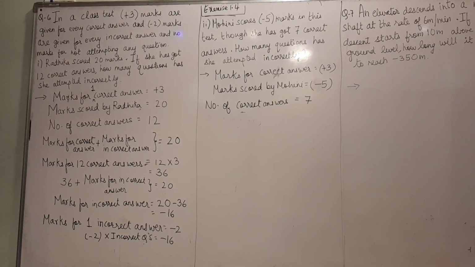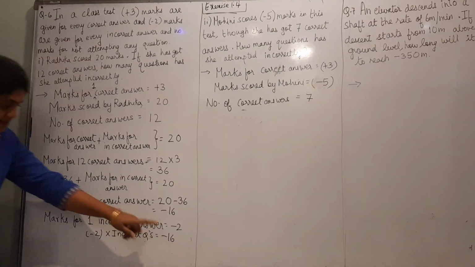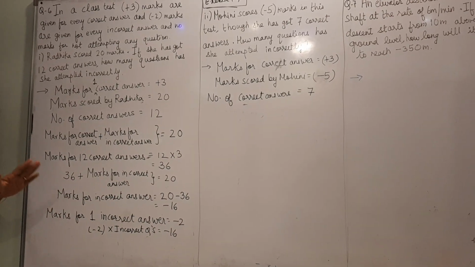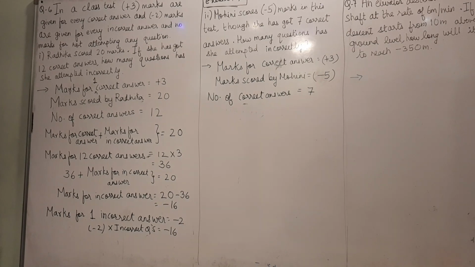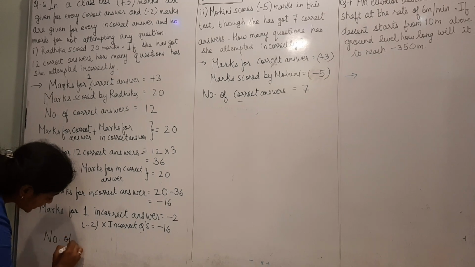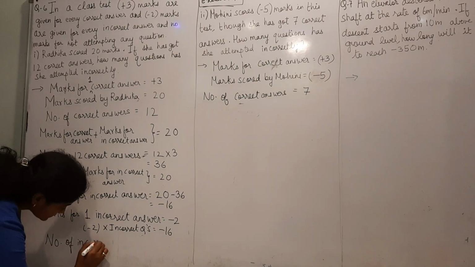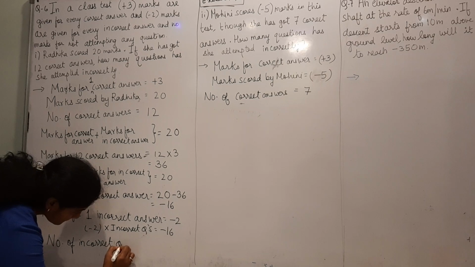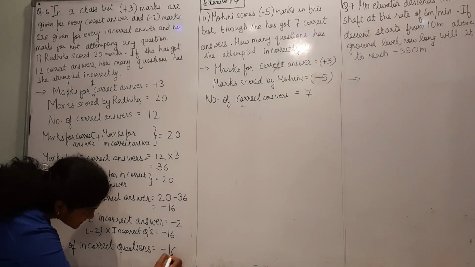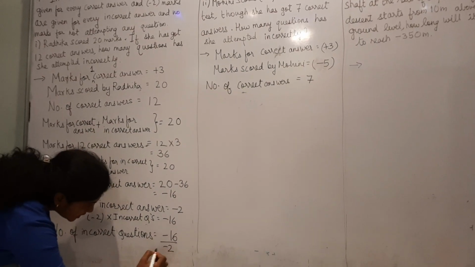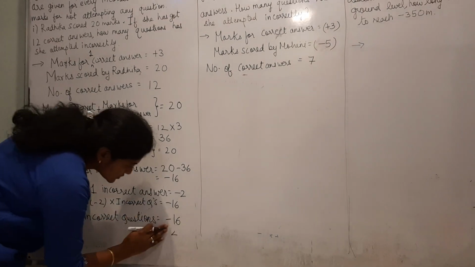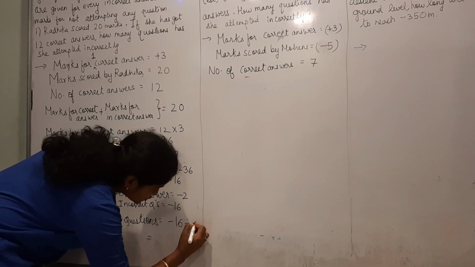Right? So if you divide -16 by -2, you will get number of incorrect questions. So you will write number of incorrect questions is equal to -16 by -2.